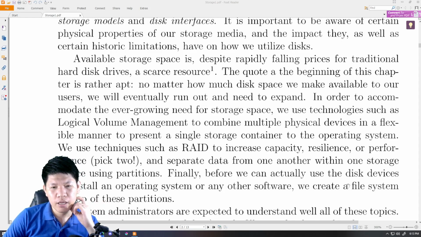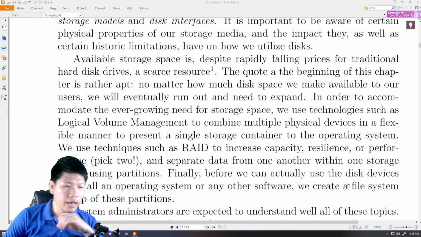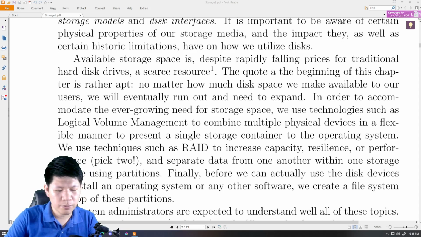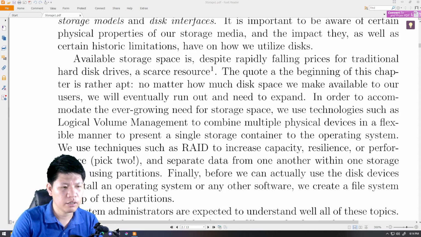So we talk about RAID, which means redundant array of inexpensive disks.